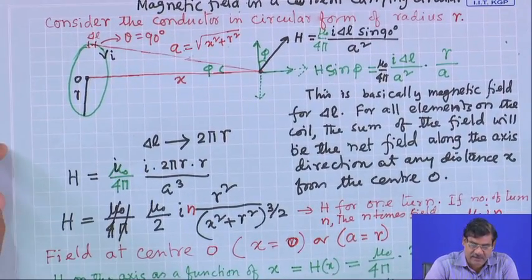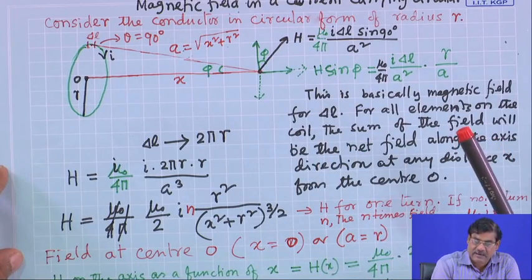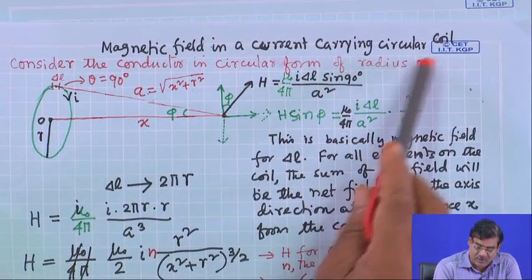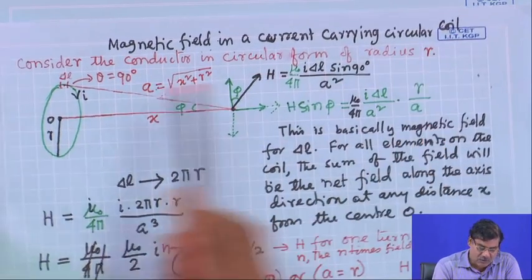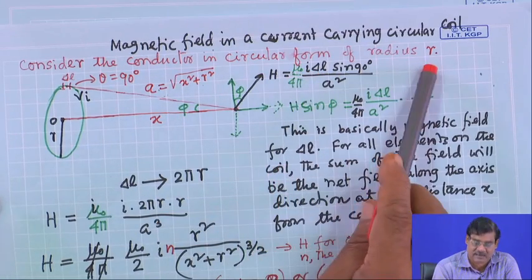So, now we will find the magnetic field in a current carrying circular coil. Okay. So, consider the conductor in circular form of radius r.